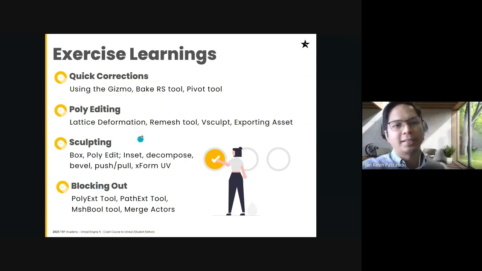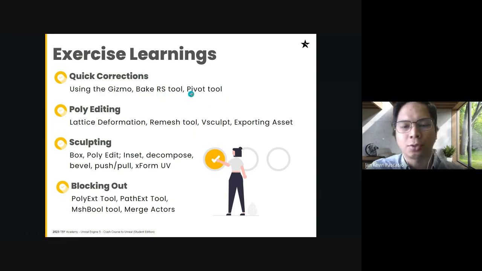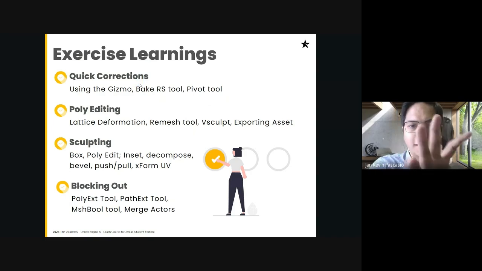So the exercise learnings on the first one were the corrections. We were able to use the gizmo. We were able to use the bake RS tool, which is if you just want the rotation and the scale of your mesh to be baked as 1,1,1 or 0,0,0 rotation. We also used the pivot tool.